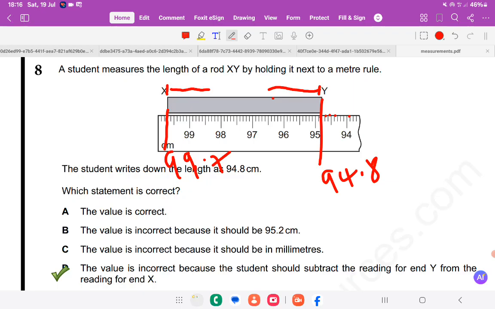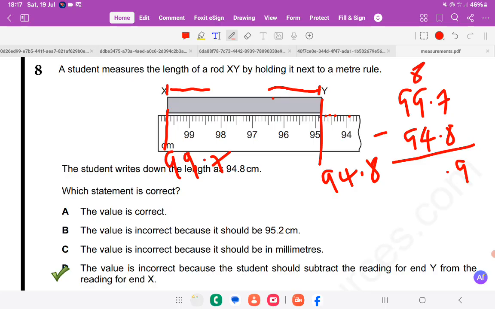So the length will be 99.7 subtract 94.8. We have 17, that's 9. And then we have 4 remaining here, 8 subtract 4, that's 4.9.